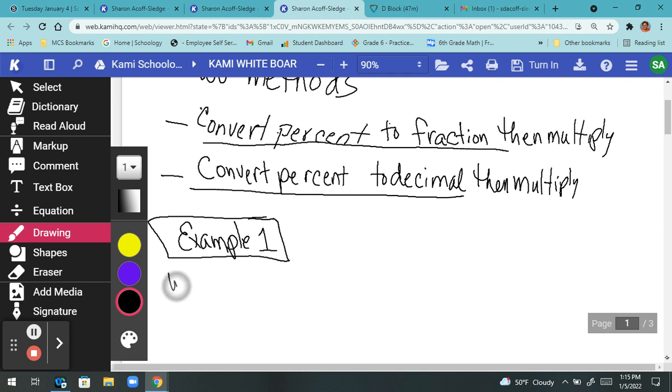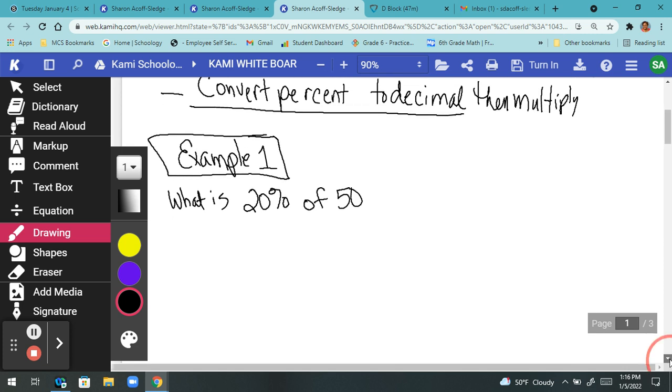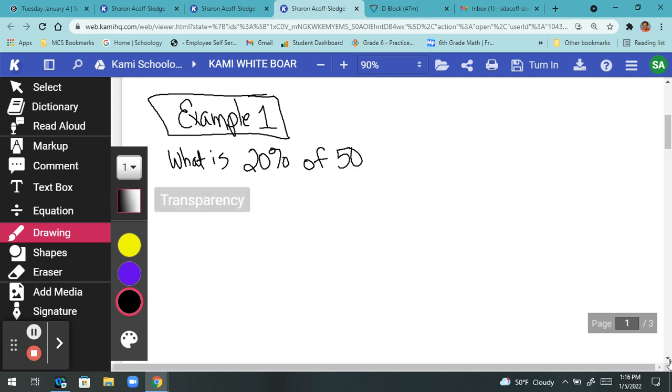What is 20% of 50? So what is 20% of 50? So we're going to do the fraction method. I'm going to call it the fraction method.